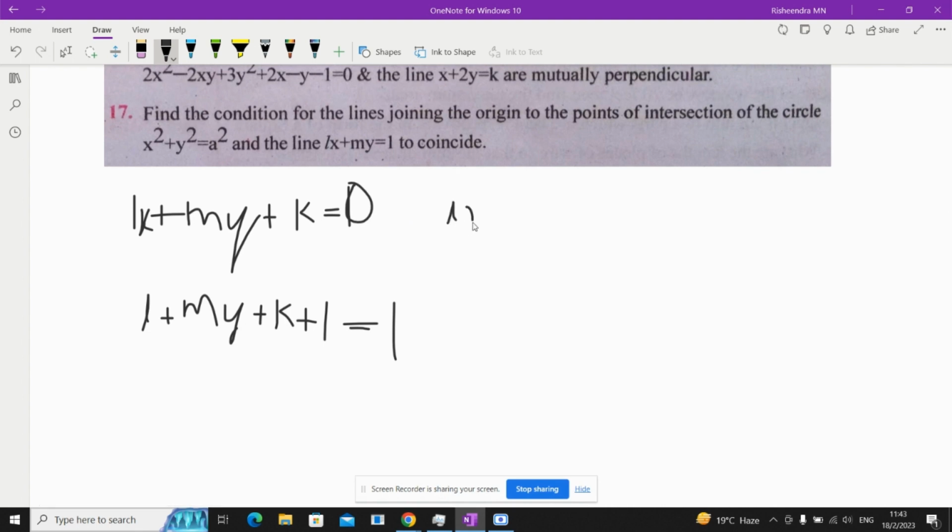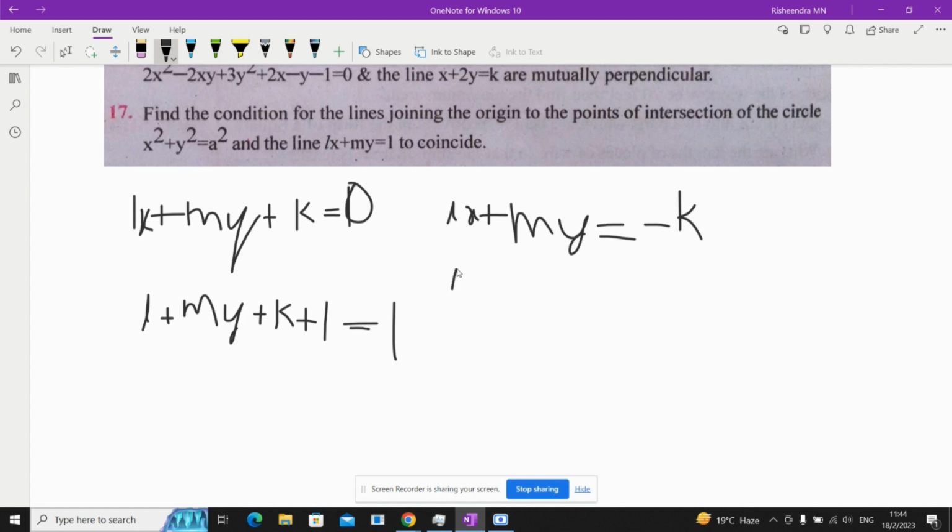Therefore we can write it as lx plus my, no, let's make it, k is equal to minus k. Okay, let's divide both sides by minus k.